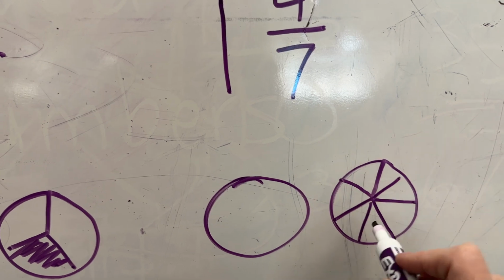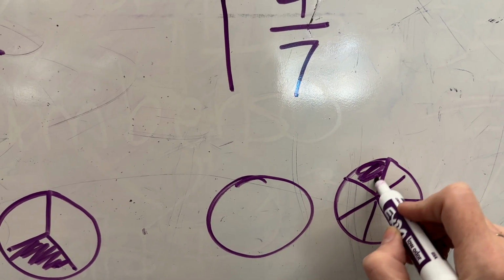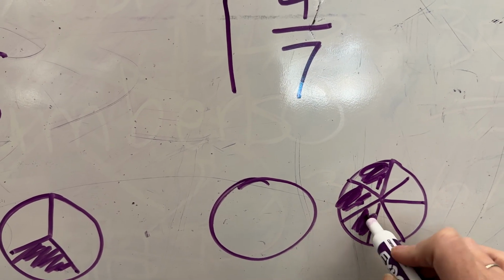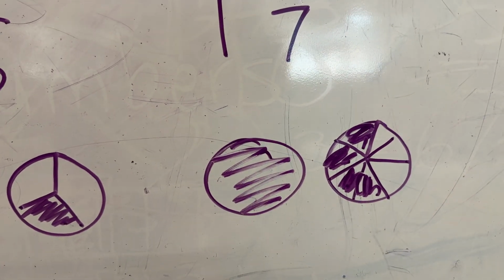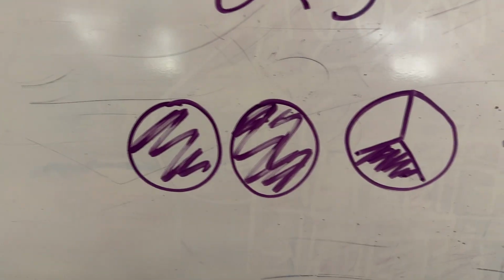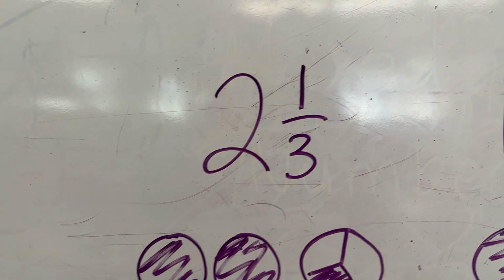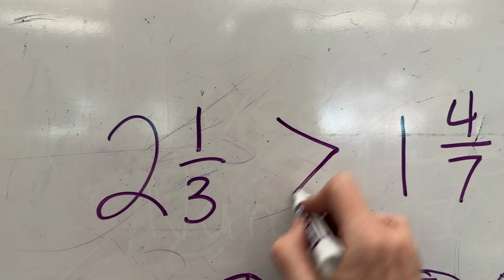So we'll assume that those are all the same size. So 1, 2, 3, 4. So there's 1 4/7. 2 1/3. So 2 1/3 is bigger than 1 4/7.